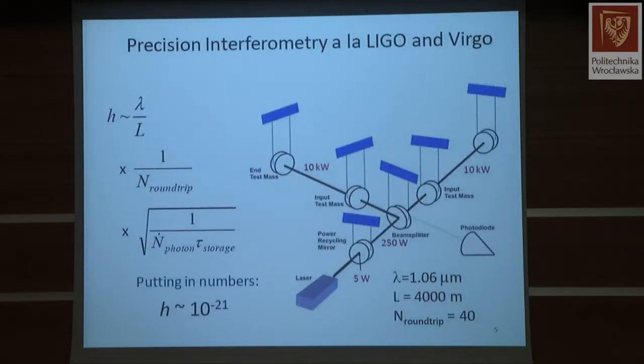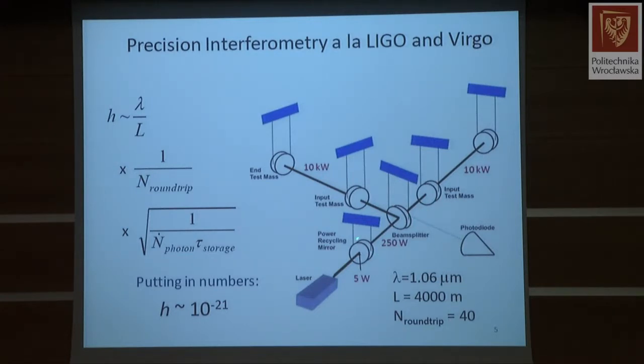The next thing is the detector. The principle of detection of gravitational waves is fairly simple. You use a laser interferometer, because when a gravitational wave passes, it changes the curvature of spacetime, and this changes the travel time of the laser light.